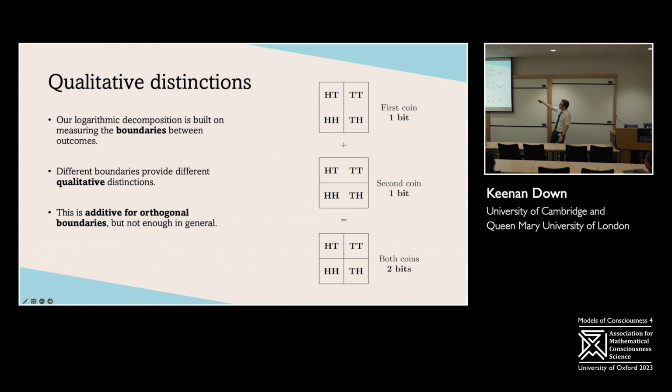So we think about these separations as the actual quality, as the space, and then we can measure them to get an amount of entropy back. And this is fine, this has actually been seen before, way back in I think the 60s, but only for orthogonal boundaries, so independent variables, and we have to do a bit more construction to make sure that we can go beyond this.